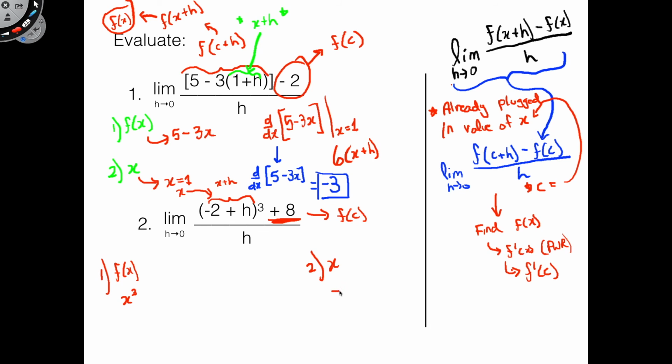If you solve this out, f of x is x cubed, and x is negative 2. And why is it negative 2, not positive 2? This makes sense because you have a plus 8 here, where it really should be a minus f of x. You have a plus 8, okay? So that makes sense.